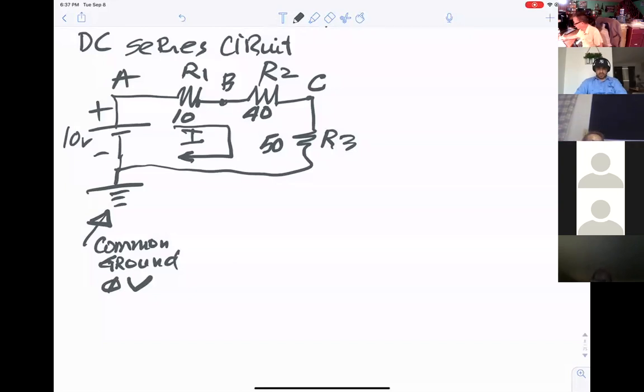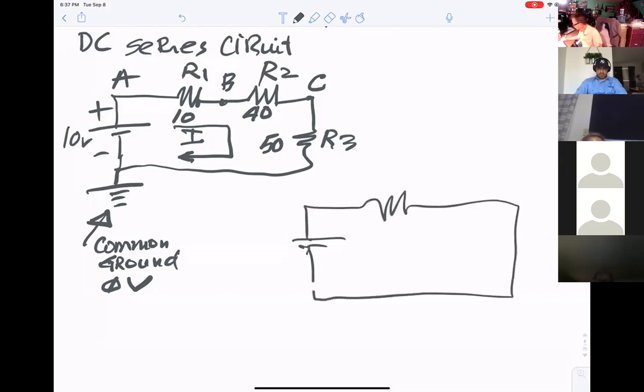Now I'll explain a little about the current. Positive here, negative here. The current, sometimes in the textbook they draw this way, going from negative to the positive. However, we use the current going from positive to the negative.